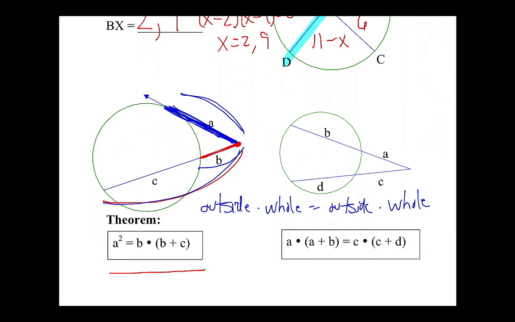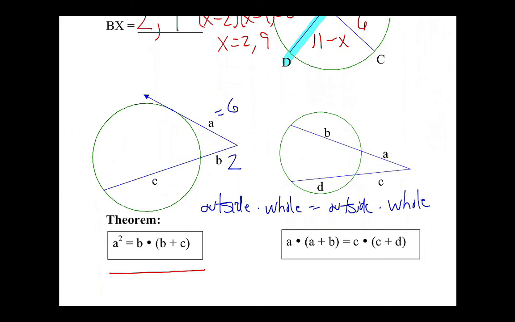So let me do this with numbers, and hopefully it'll make more sense and you see how the theorem works. Remember, it's the outside part times the whole thing should equal the outside part times the whole thing. So let's just say that A was equal to 6 and B was equal to 2. And we want to find C. Well, the theorem would work like this.